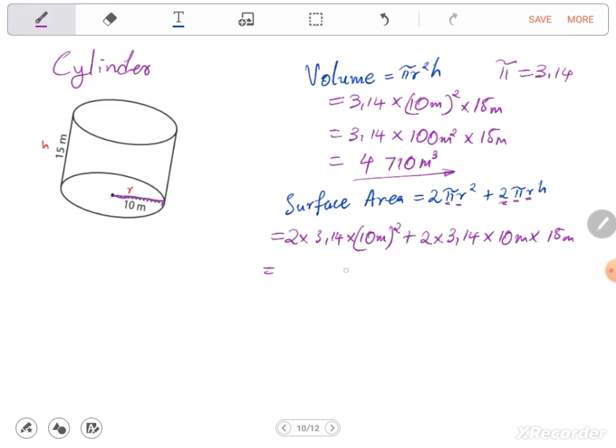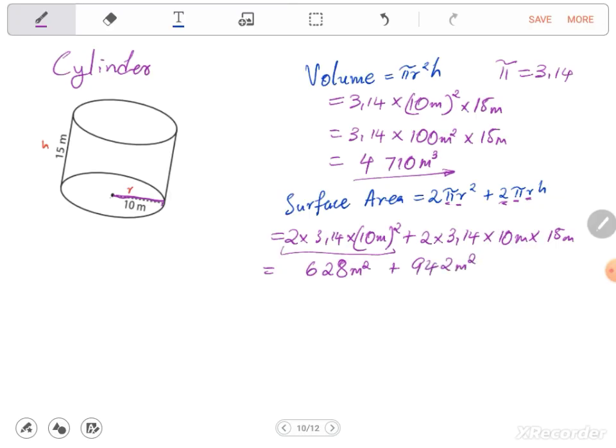So in simplification, we'll just take it bit by bit. We'll take the first section there and say this will be 10 meters squared times 3,14 times 2. So that will give us 628 meters squared. And when we take 2 times 3,14 times 10 times 15 meters, this will give us 942 meters squared.